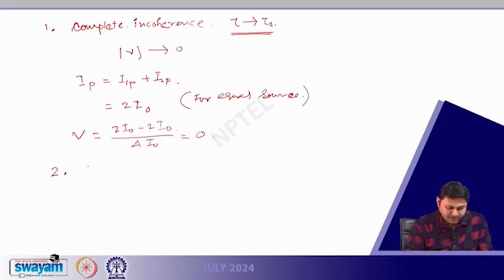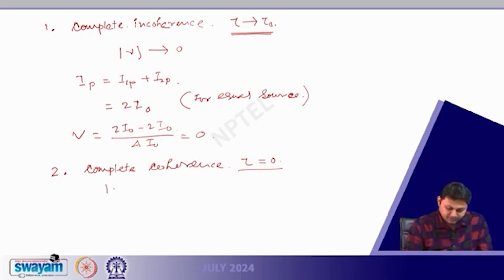However, when we have complete coherence, then tau is 0. Tau tends to 0. That is the condition for complete coherence.